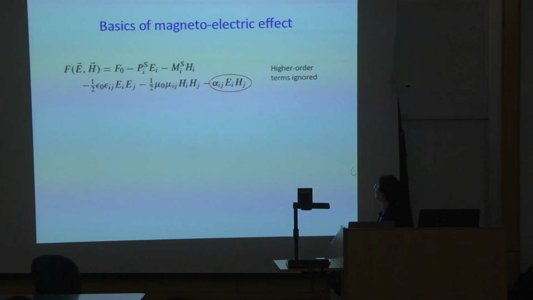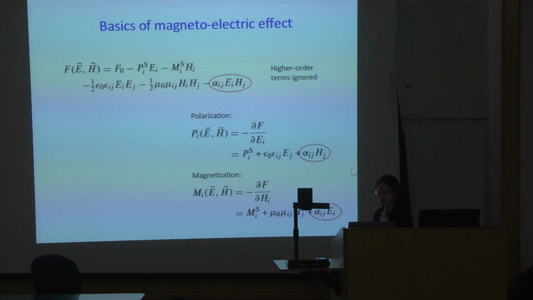So this is the linear magnetoelectric effect. To find the polarization, I take a partial derivative of the free energy with respect to the electric field, so I get a term proportional to the magnetic field. Similarly, I can find the magnetization as the partial derivative with respect to the magnetic field, and I get a term that's linearly proportional to the electric field.